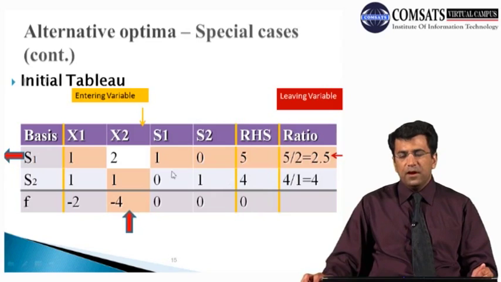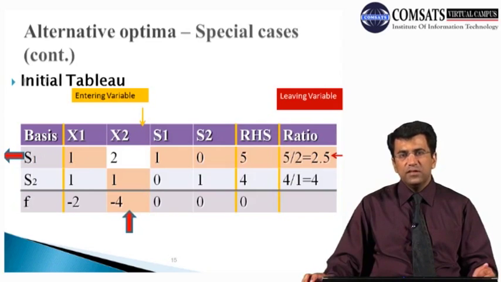And after dividing the values of that right hand side column with respect to the relevant values of the pivot column, we will have the ratio values as 2.5 and 4, and again this 2.5 is the minimum ratio, and the corresponding row will be our pivot row, and the value which is at the intersection of the pivot row and pivot column, this is our pivot number. And again, in this particular case, x2 is our entering variable and s1 is our leaving variable.